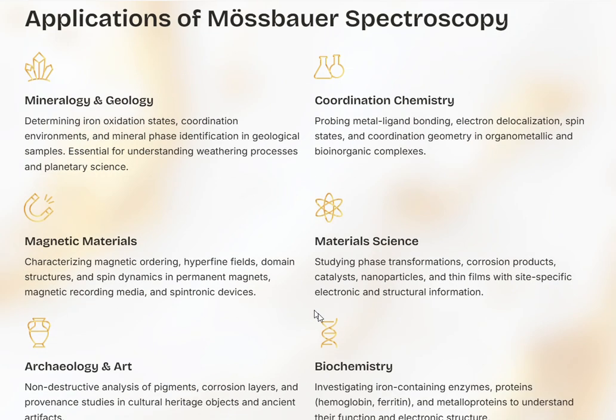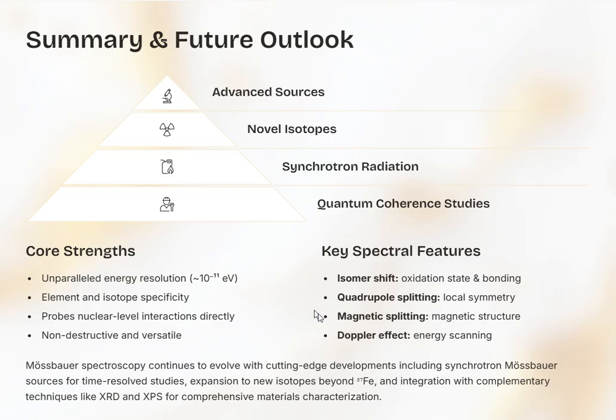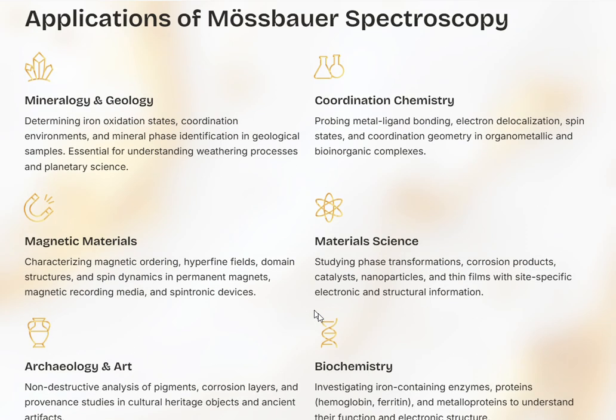Now coming to the applications. Mossbauer spectroscopy is used in mineralogy and geology for determining the oxidation state of iron, coordination environment and mineral phases. In coordination chemistry, it probes metal-ligand bonding, electron delocalization, spin states and coordination geometries in organometallic and inorganic complexes. In metallic materials, it characterizes magnetic ordering and hyperfine fields.